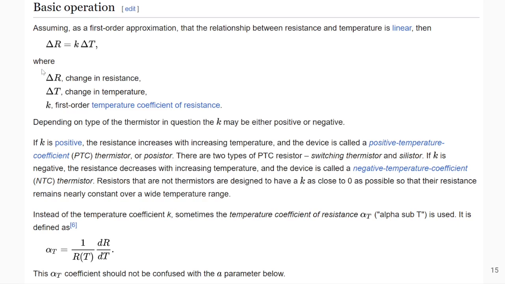Make sure that you understand these terms and what K is, and that it depends on whether it's positive or negative. So let's carry on.